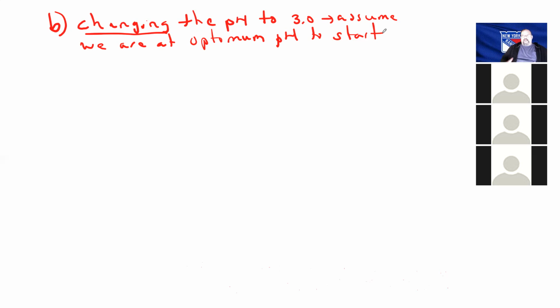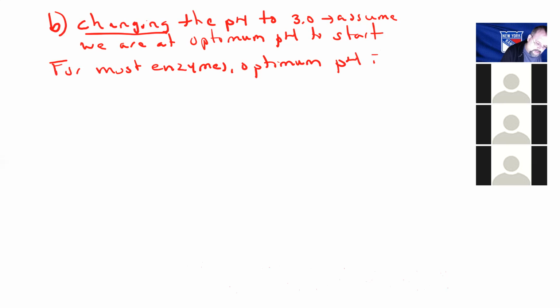Just like every enzyme has a temperature where they work at their best, every enzyme has a pH where they work at their best. Sorry, that pH is what is known as optimum pH. For most enzymes, optimum pH is right around 7.4.